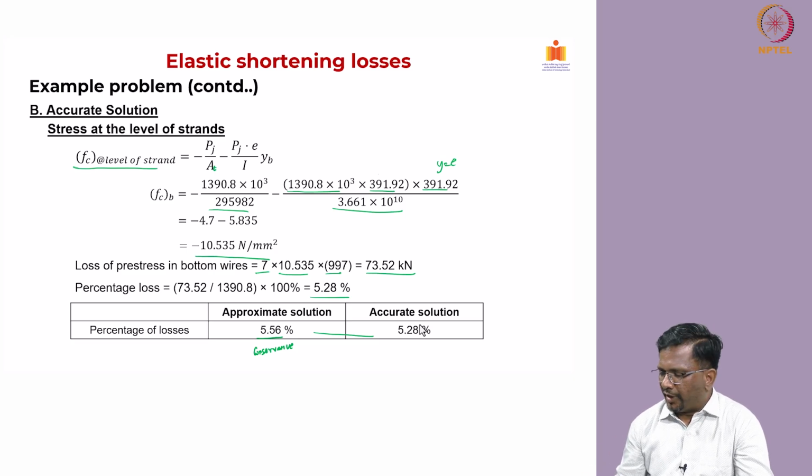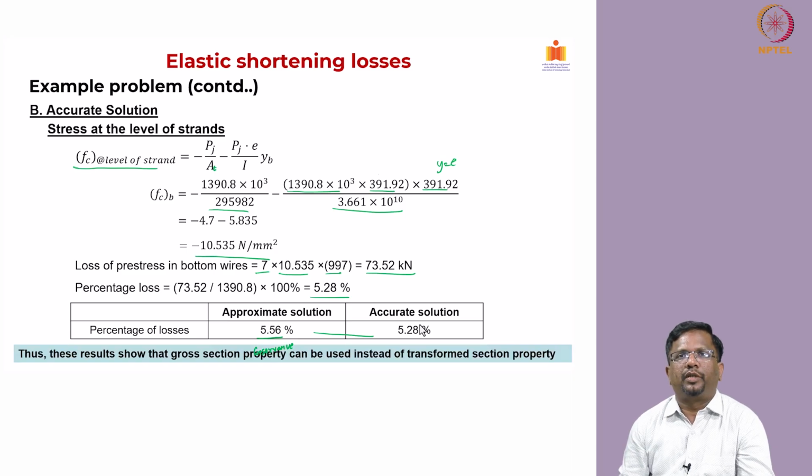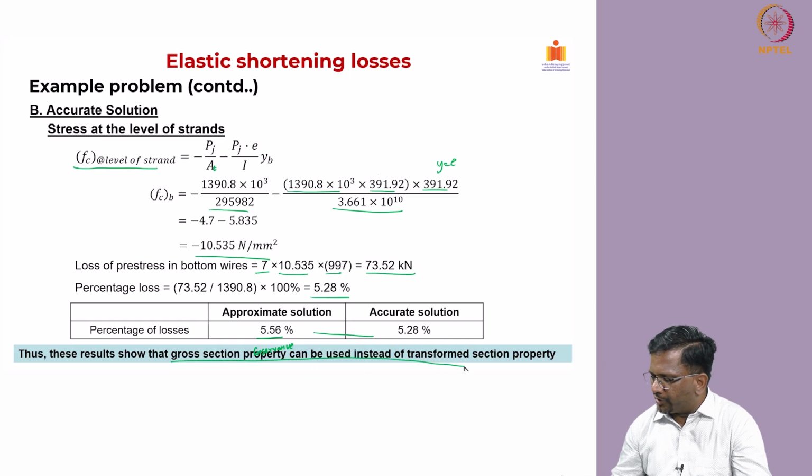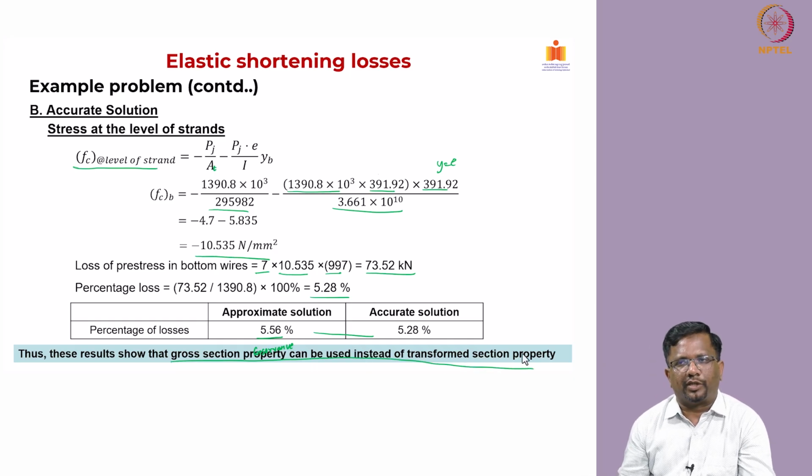So, with this we can see that just calculating the stress using gross sectional properties is good enough for calculating the elastic shortening, right. So, these results again show that gross section properties can be used instead of transformed section properties for easy calculations, because the difference is not really much.